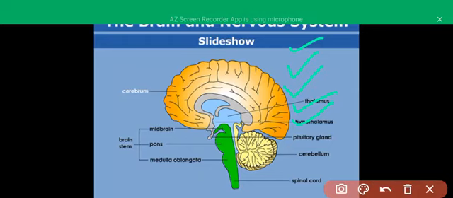The limbic system is the part of our forebrain that further consists of the hypothalamus, then the amygdala, and hippocampus.